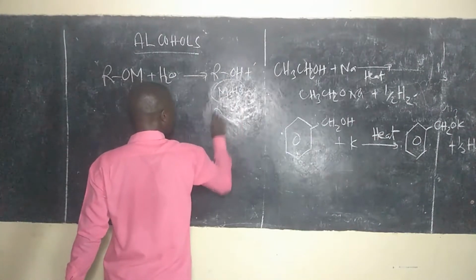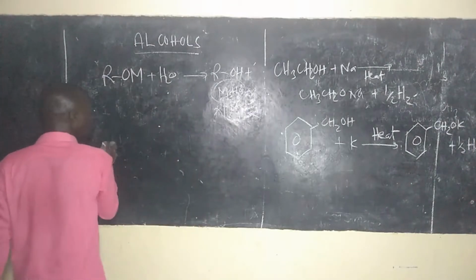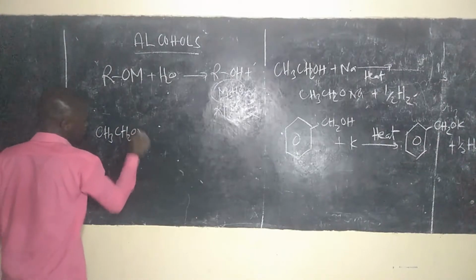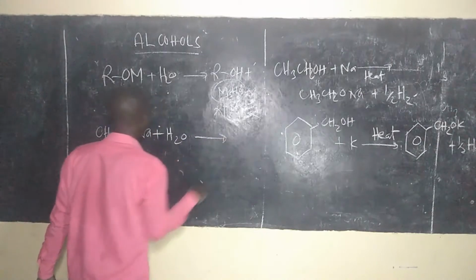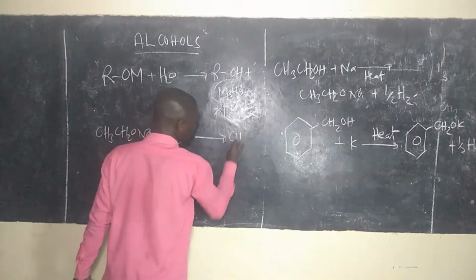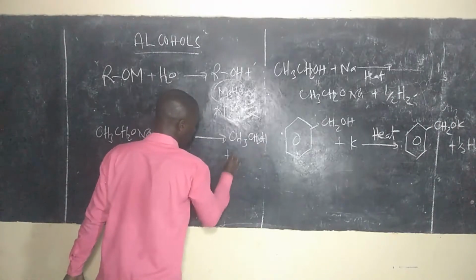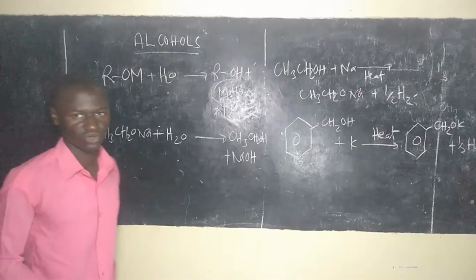Wakati hapo itakuwa ni alkaline solution, yani base. For example, tukiwa na CH3CH2ONa tukamhydrolyze na water, tutakuja kupata CH3CH2OH plus sodium hydroxide which is alkaline solution.